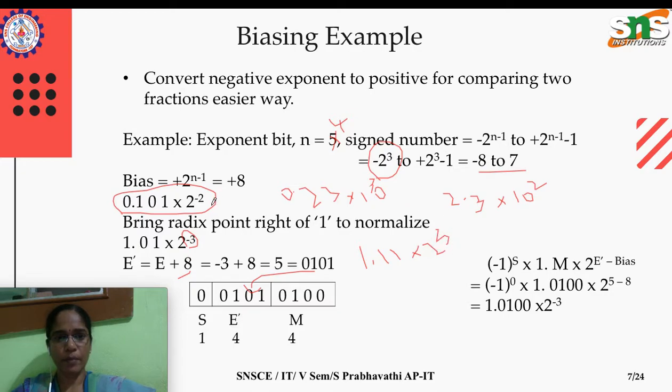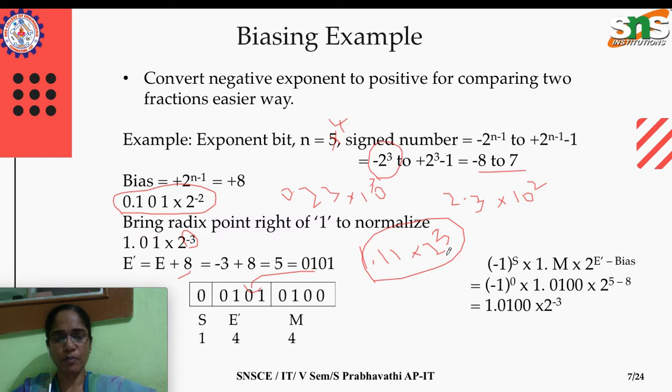One number is this, and one number is this. So here it is 2 power 3, not 23. If I want to perform addition, I will be comparing the exponents, and comparing minus 3 and 3 is quite difficult. So that's why we need a biased exponent. So convert this again into bias format.